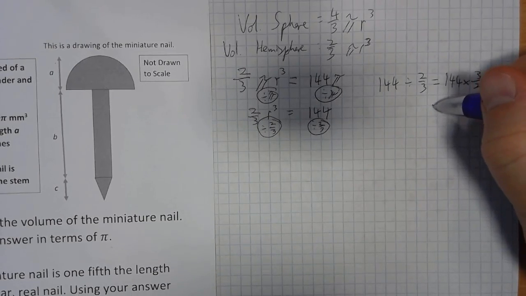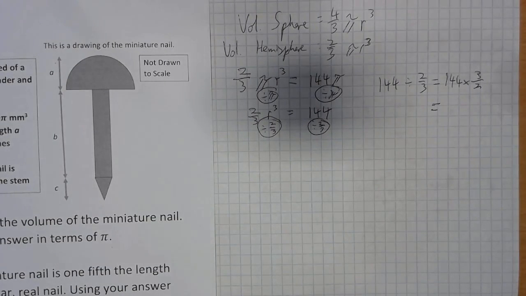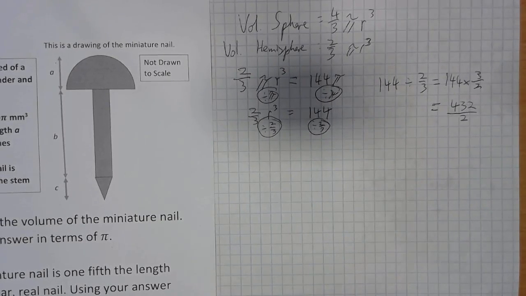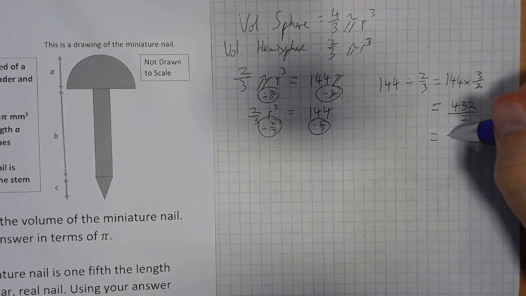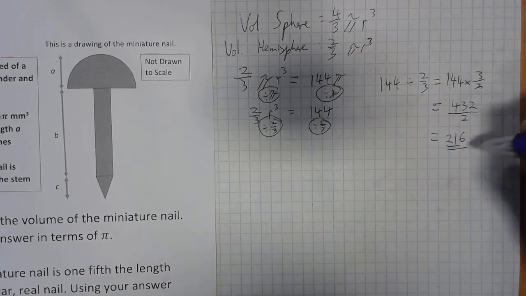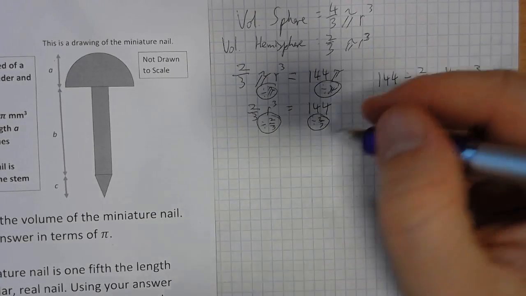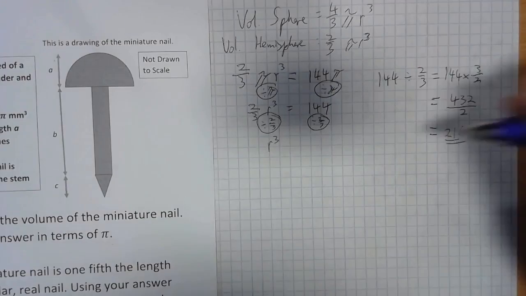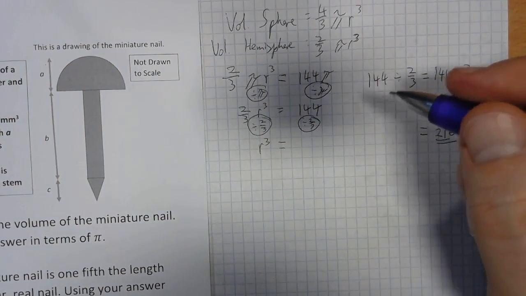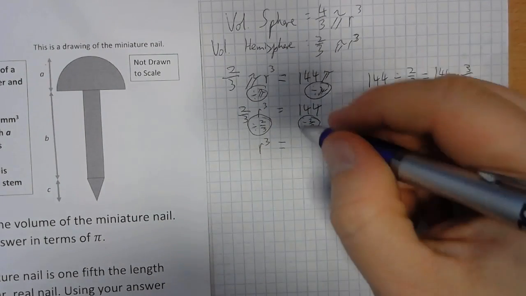So 144 times by 3. Well, 144, 288, 432 divided by 2, which gives me 216. So I've got r cubed, once I've divided by 2/3, equals 216.